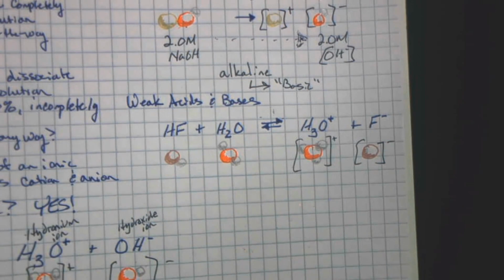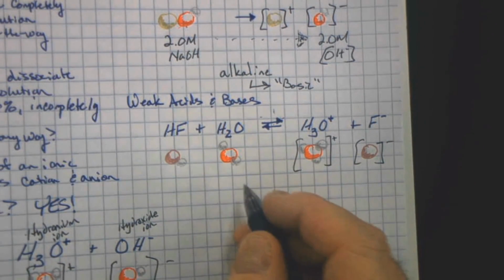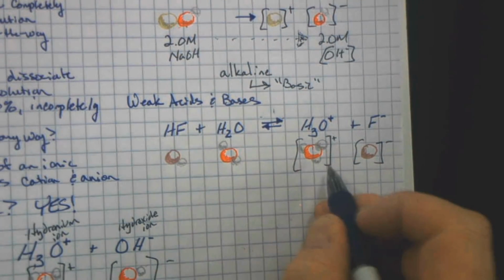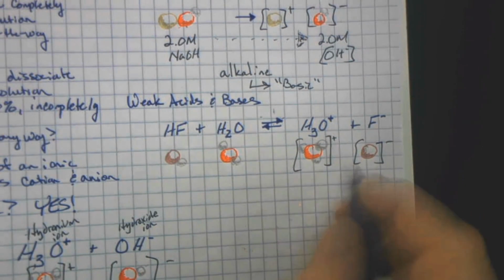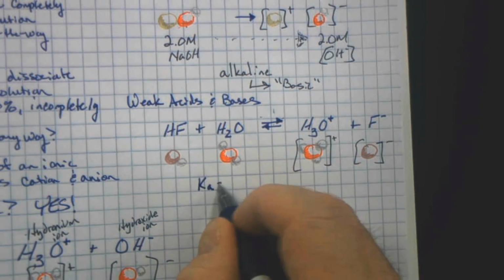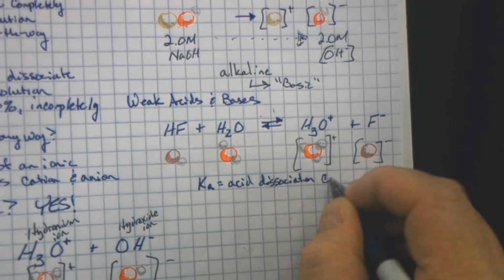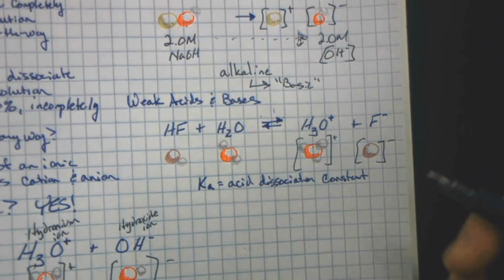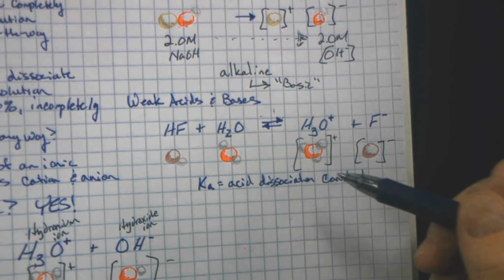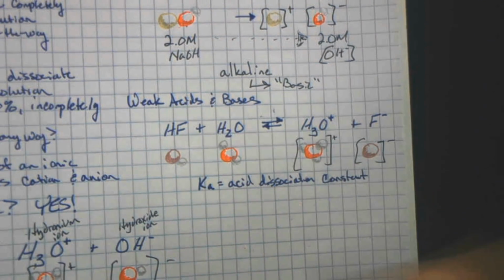When we have that balance, we can create our equilibrium constant. And so there is an equilibrium constant for an acid. It is called the Ka, which is the acid dissociation constant. And you write the expression just like you were creating an equilibrium expression.